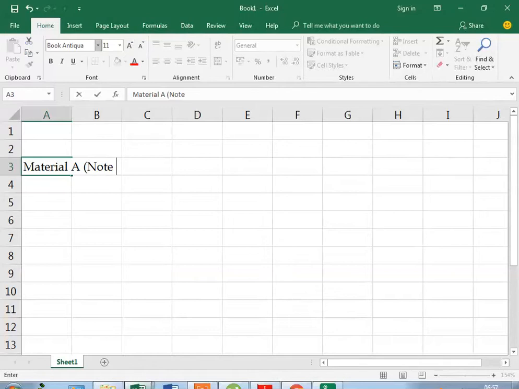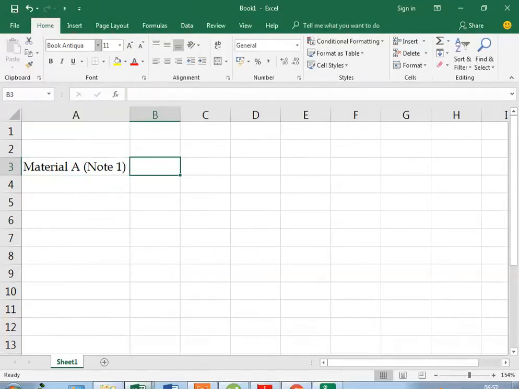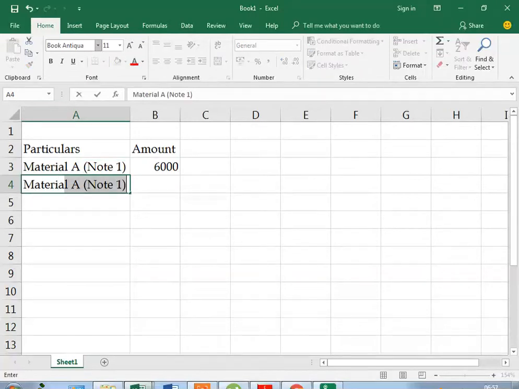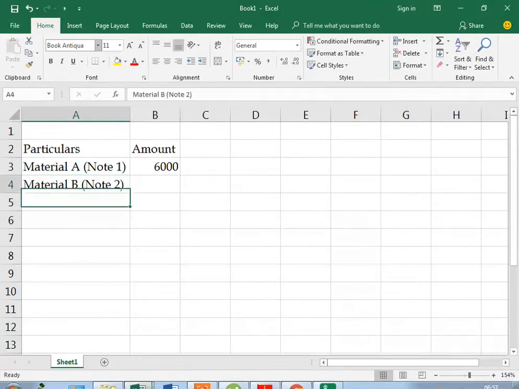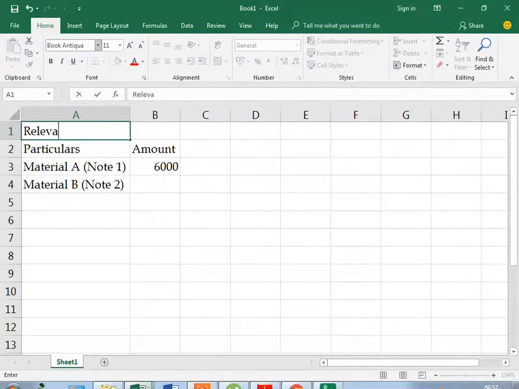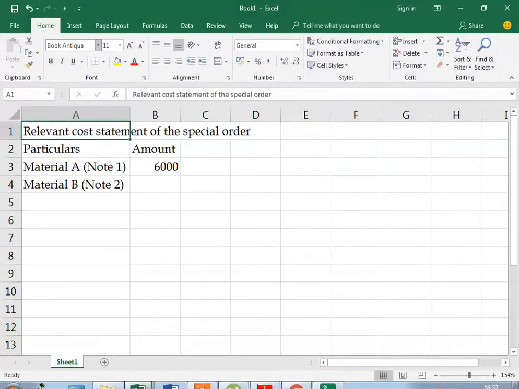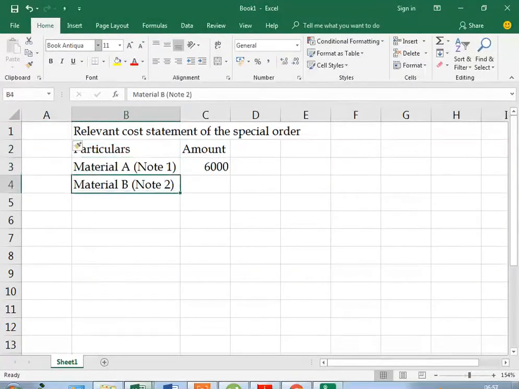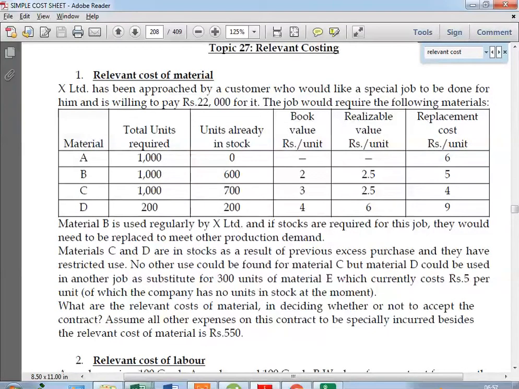Then material B, in bracket note 2, analyze it and let me know. What should be the relevant cost for material B?